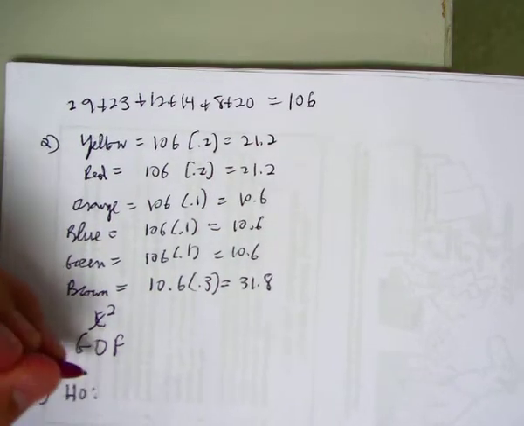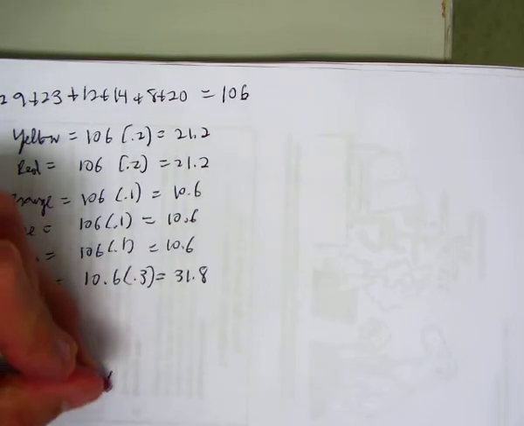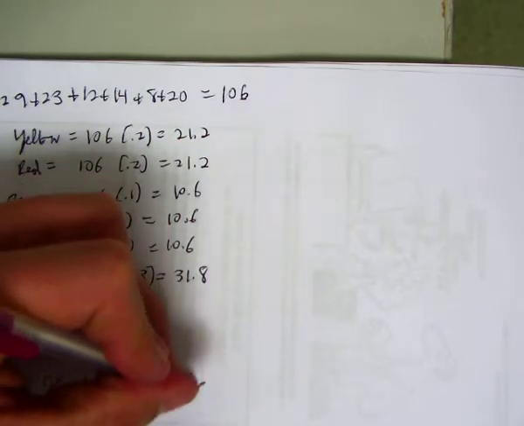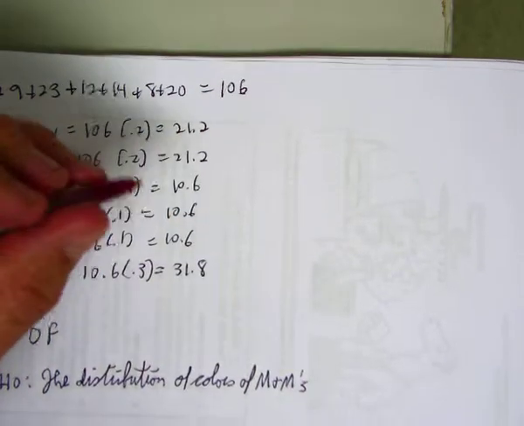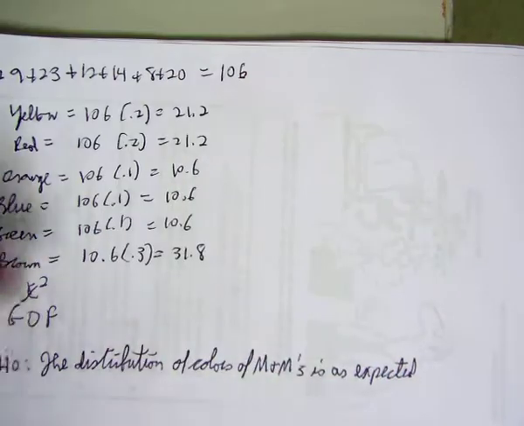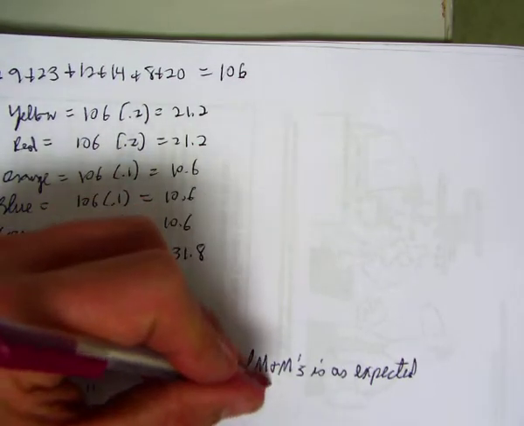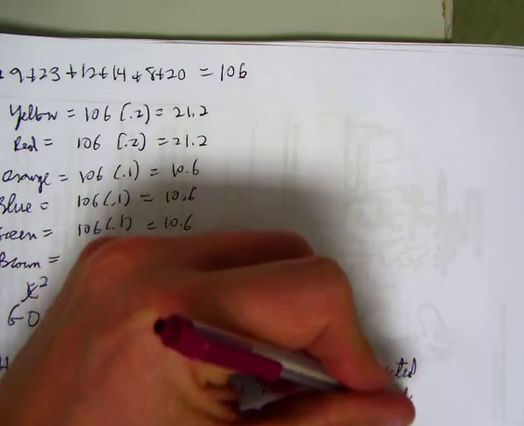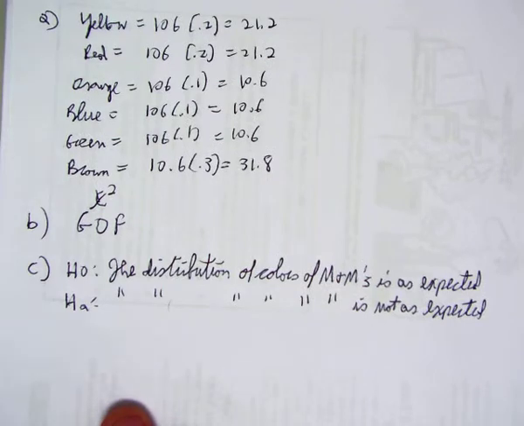So the null hypothesis would be the distribution of colors of M&Ms is as expected. And then the alternative hypothesis would be the distribution of colors of M&Ms is not as expected. Okay, so those are our hypotheses.